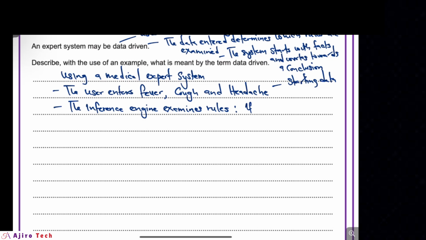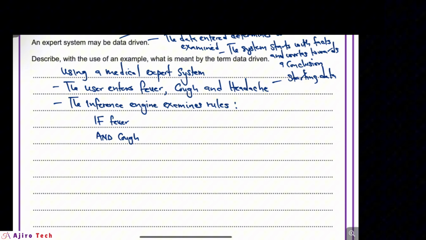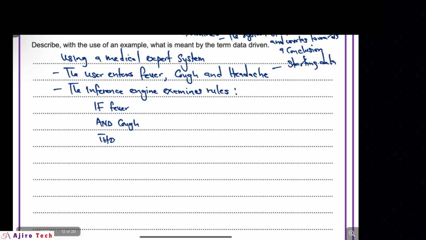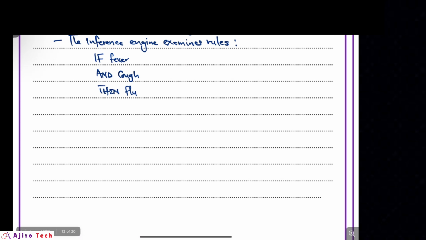So if fever and cough, okay, if fever and cough, then notice if is here. So it makes it so if fever and cough, then flu, right?